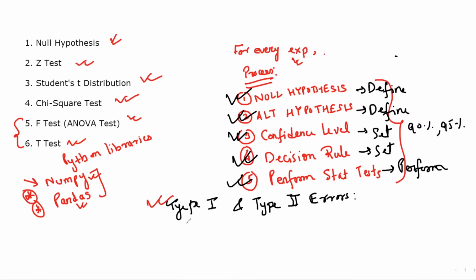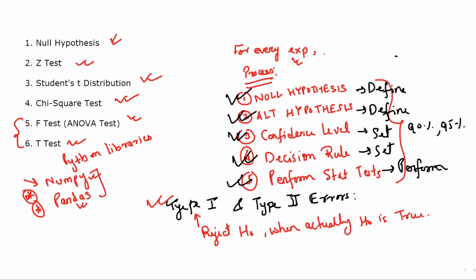Tell me what is type 1 and type 2 errors. So type 1 error is when you reject your null hypothesis when actually it is correct. H naught is true.